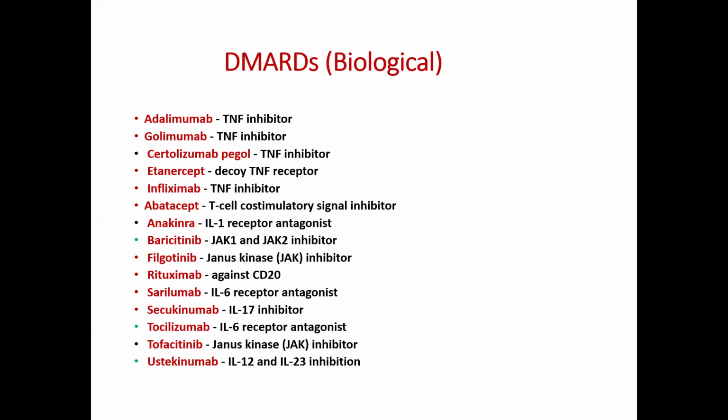I hope this is very clear. So I put the mechanisms here. I don't want you to memorize it or anything, but I want you to understand that this has a clinical implication for rheumatologists.